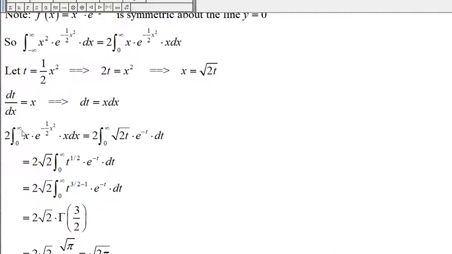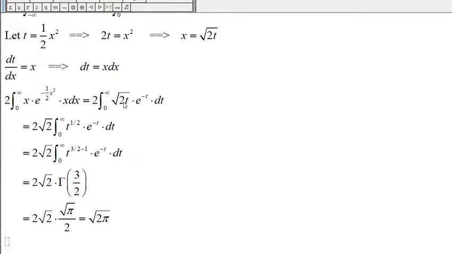When x approaches infinity, t also approaches infinity. Now we can write this as the square root of 2 times the square root of t, and the square root of t is t to the 1 half. And so we get 2 times the square root of 2, and then t to the 1 half.